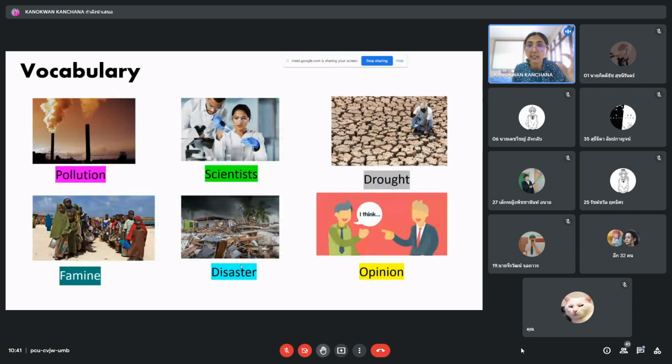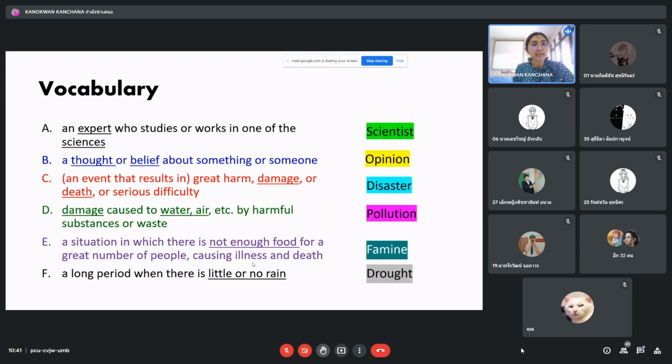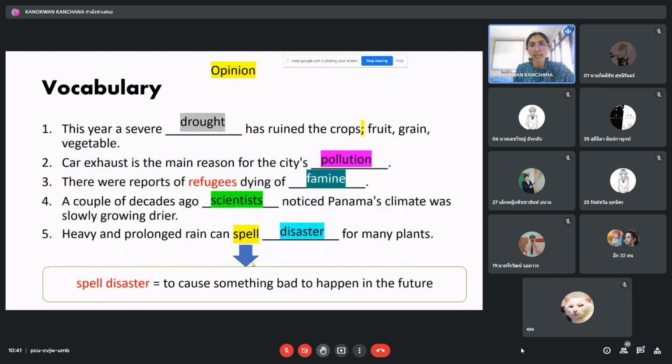From the first activity, you see the picture, and then you are able to pronounce it. You can remember through the picture for some of the words, for example, drought, or scientist, or the disaster, or the famine with no food, or the pollution, or the opinion that you think. And next, with the keywords from the definition. Later, after that, you are able to use the things that you know from the first two exercises in this exercise to complete the sentences, and you did a very good job.